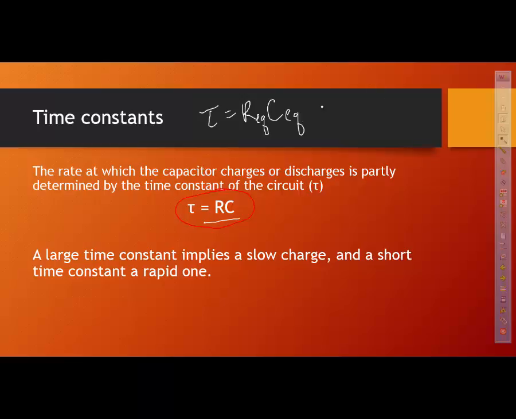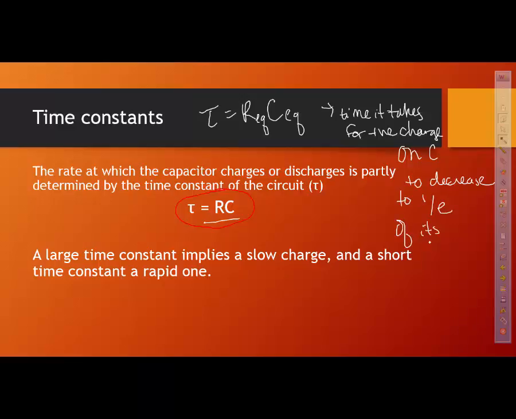This time constant represents the time it takes for the charge on the capacitor to decrease to 1 over e of its original value.